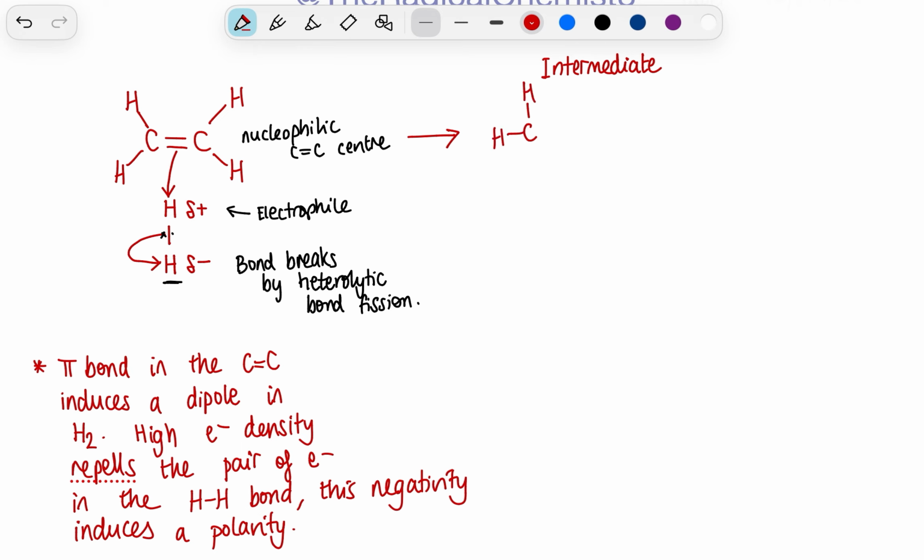Because this molecule is symmetrical, it doesn't matter where we are adding the hydrogen, so you can put it on any carbon, and you end up with a positive charge there. So this now is called a carbocation, because it's got a carbon with a positive charge. And specifically, this would be a primary carbocation.